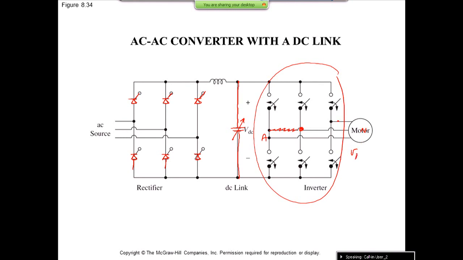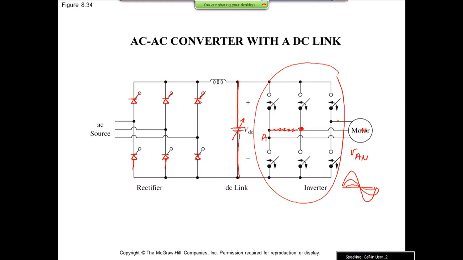So VAN could have a high amplitude or low amplitude, and therefore you can adjust the power that is being supplied to the electric motor, or ultimately you can adjust the speed of the electric motor. This could be, for instance, a large air conditioning unit. Or in a factory you have a motor that is pulling things, and you want to control the speed of that electric motor.